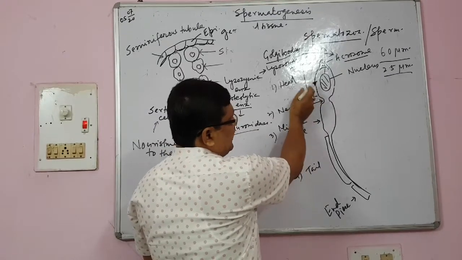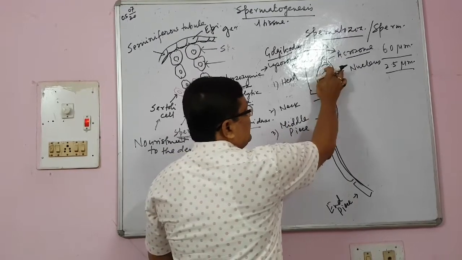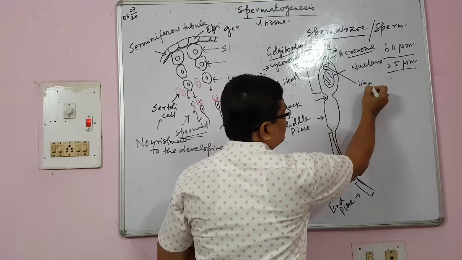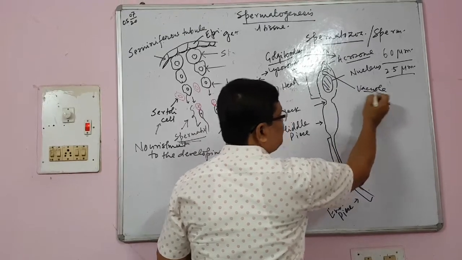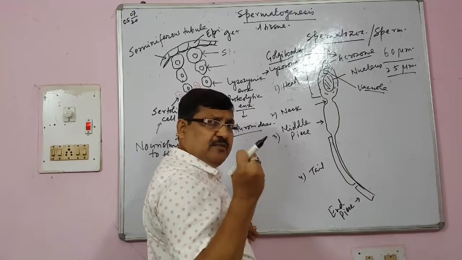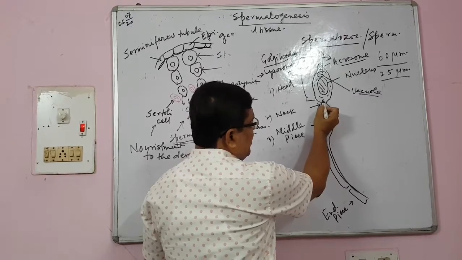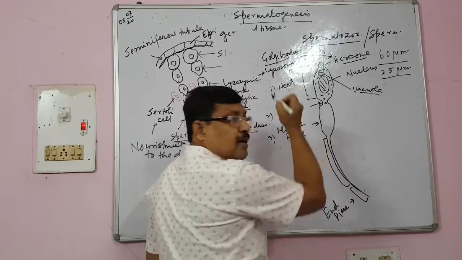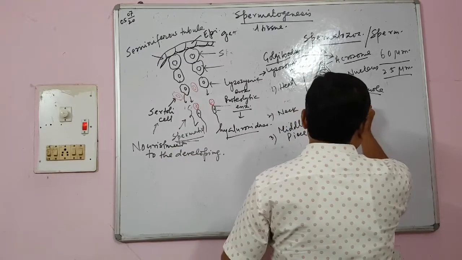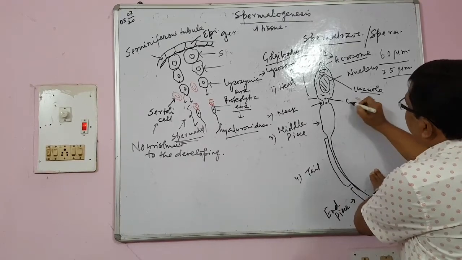Now, in the head region, a big nucleus is present and a small vacuole is also present, with cytoplasm which is rich in protein, and in the neck region a pair of centrioles is present.